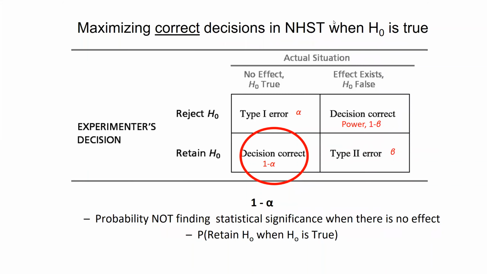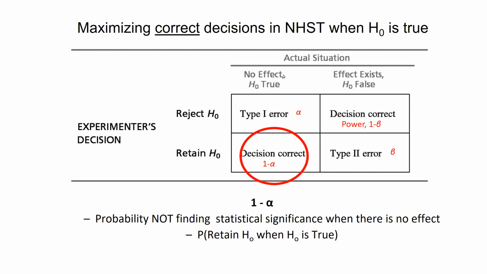So how do we maximize correct decisions in our analyses? Well, just like we had two types of error, we have two types of correct decisions.